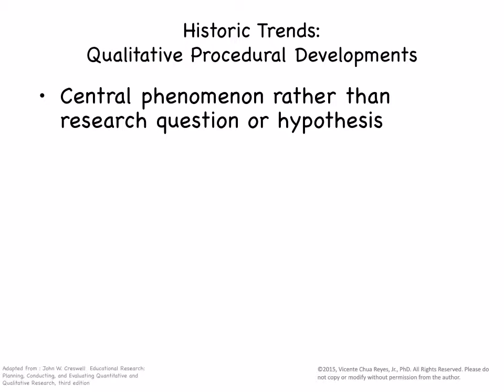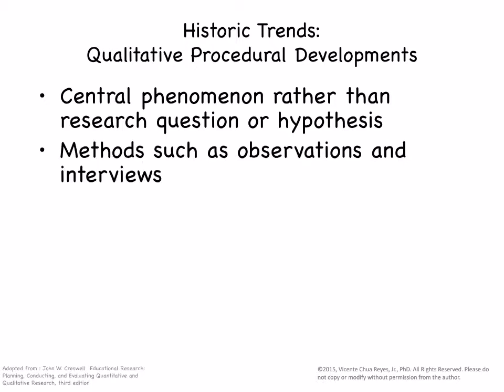Research questions or hypotheses, as you may already know, are the central areas that quantitative research focuses on. But for qualitative research, there was a shift towards looking at the notion of what is a central phenomenon. The other procedural development can be described as a move towards methods that were rich in undertaking observations and interviews.